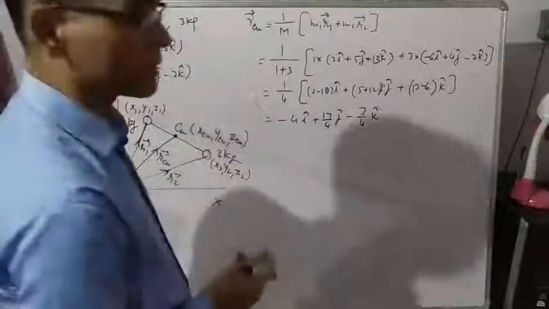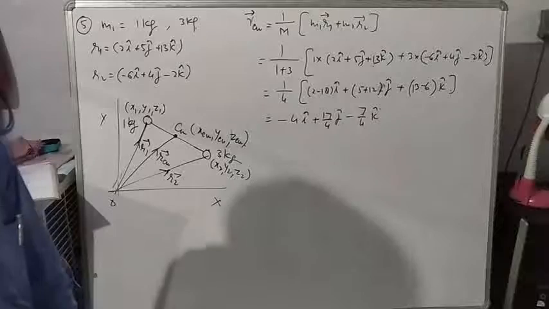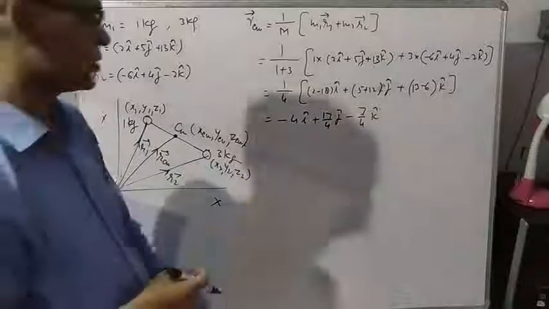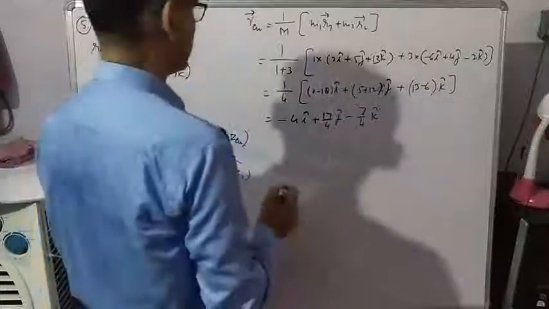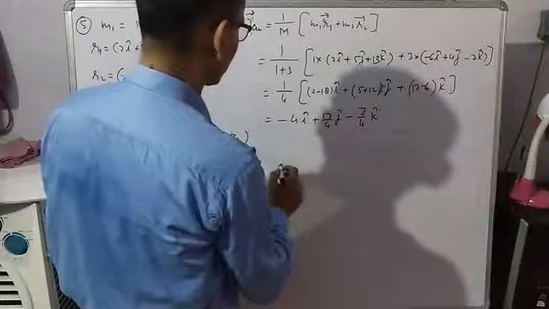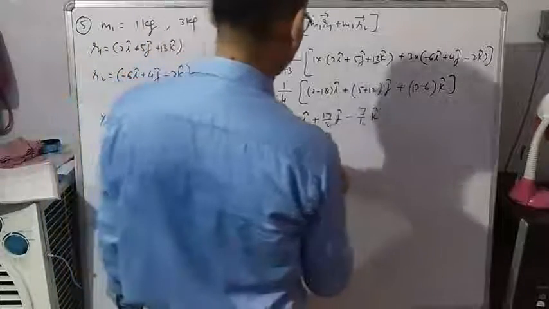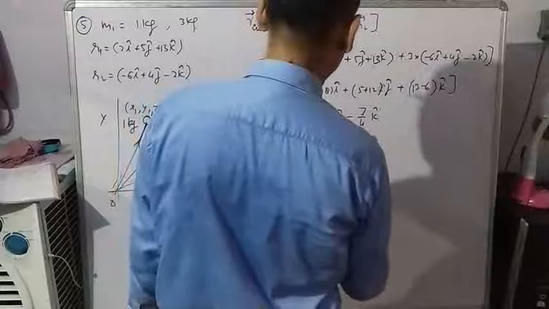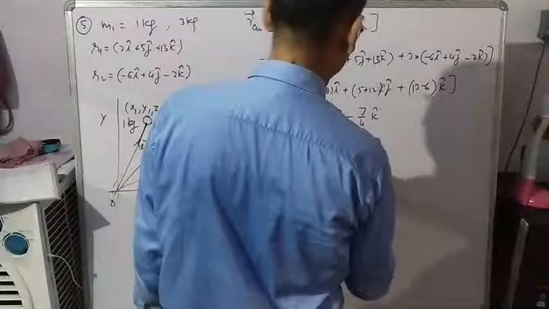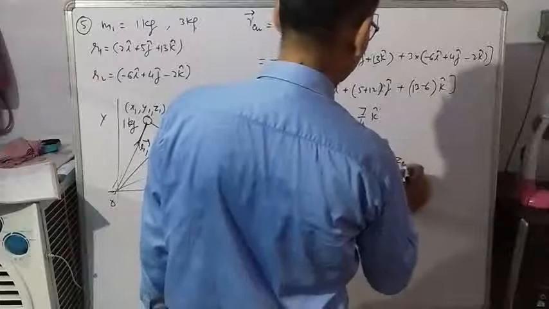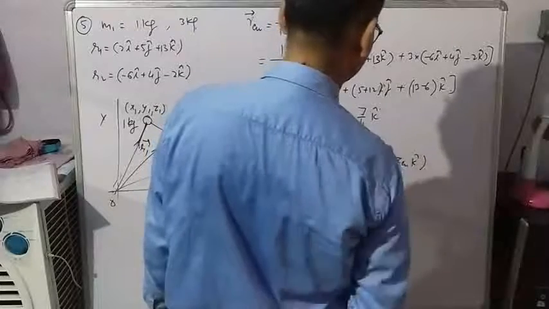Now suppose you are asked to find the coordinates of center of mass. Then with the help of this you can find. You can write RCM is equal to XCM i, YCM j, ZCM k.